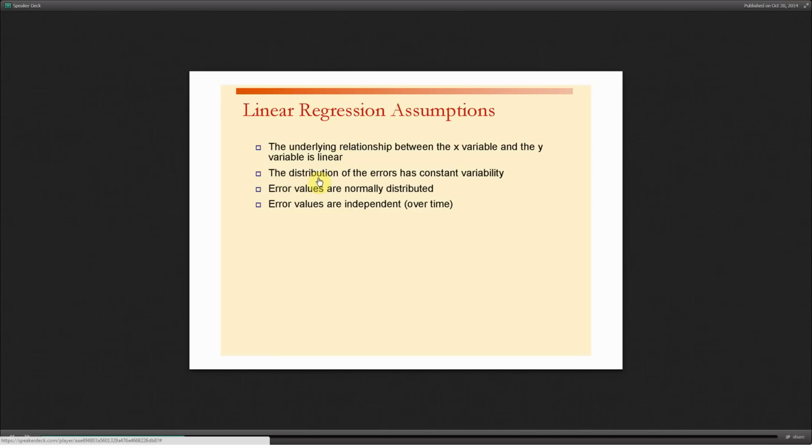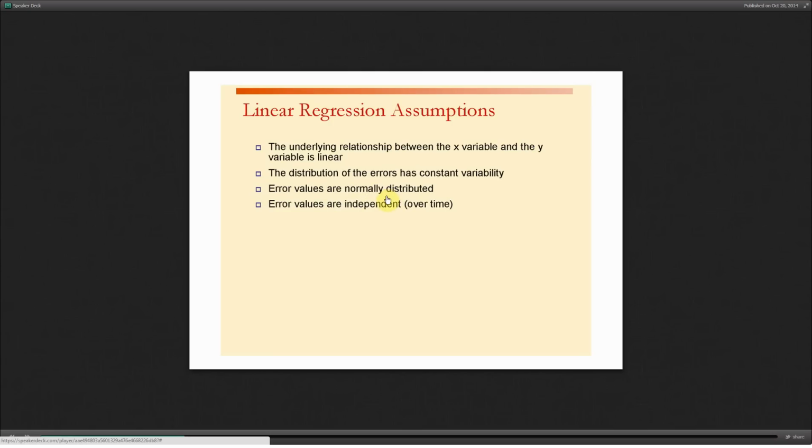We also are going to assume that the distribution of the errors has constant variability. In other words, the errors don't change in terms of variability. For example, the standard deviation of the errors is always a constant. It doesn't get larger or smaller with different values of x. We'll look at that more carefully later. We also assume that the error values are normally distributed.